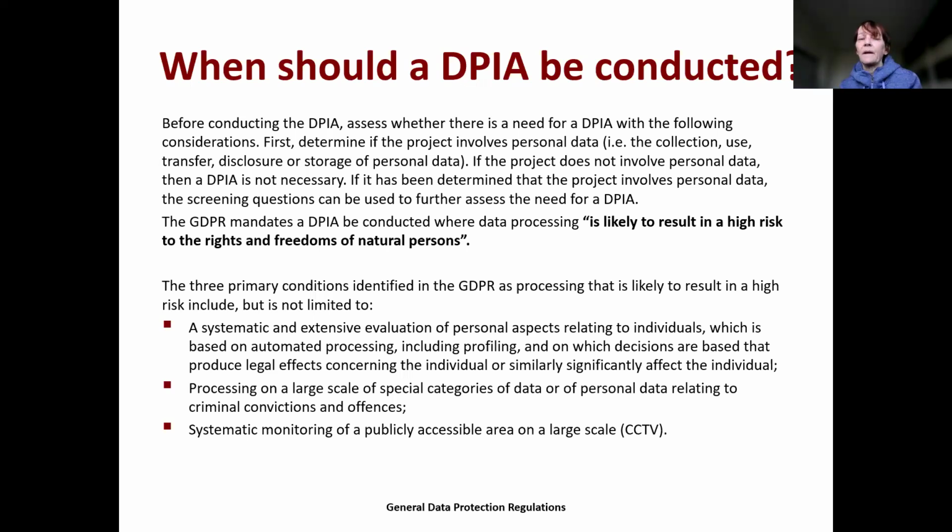The next step, if you determine that you are using personal data, is to go to the selection criteria, which we'll get to further down. If you answer yes to one of those, then you need to carry out a DPIA.